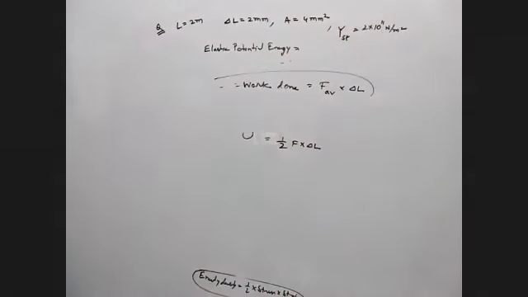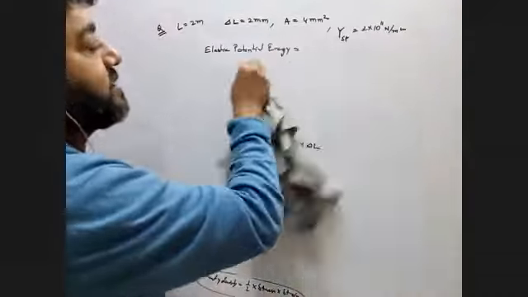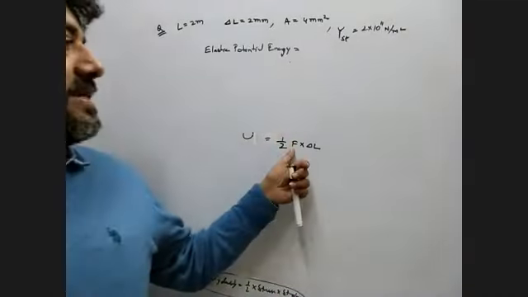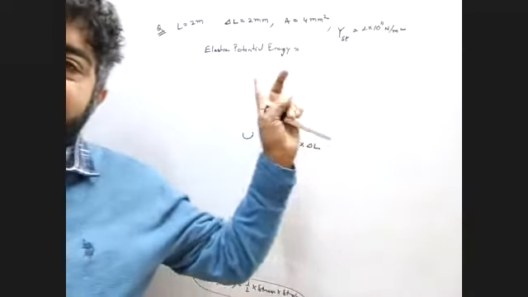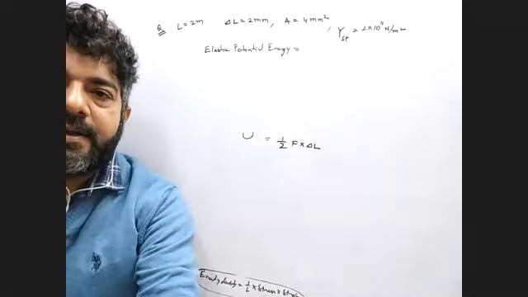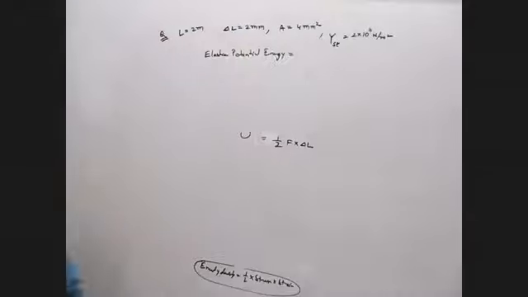Elastic potential energy or work done, the actual formula is this one. But the sad part is that in this question, you don't have any force. So force is not given.